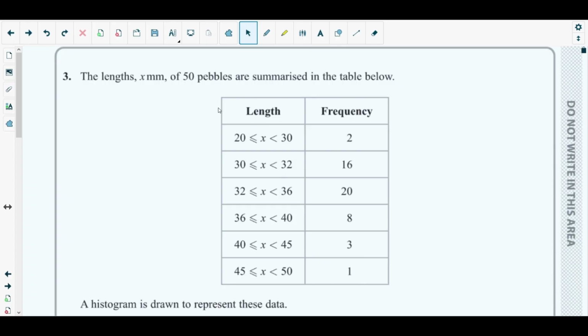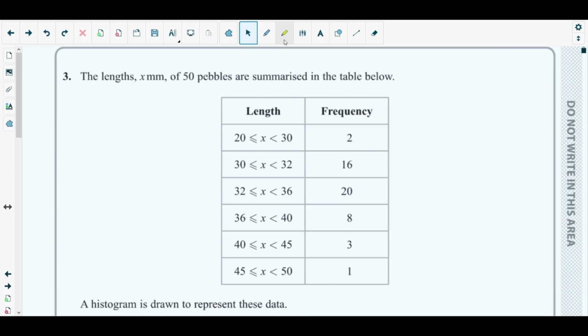In order to solve this question, definitely you should have practiced questions and gone through the concepts of chapter 2 of your Statistics 1 textbook. So let's get started with question number 3.